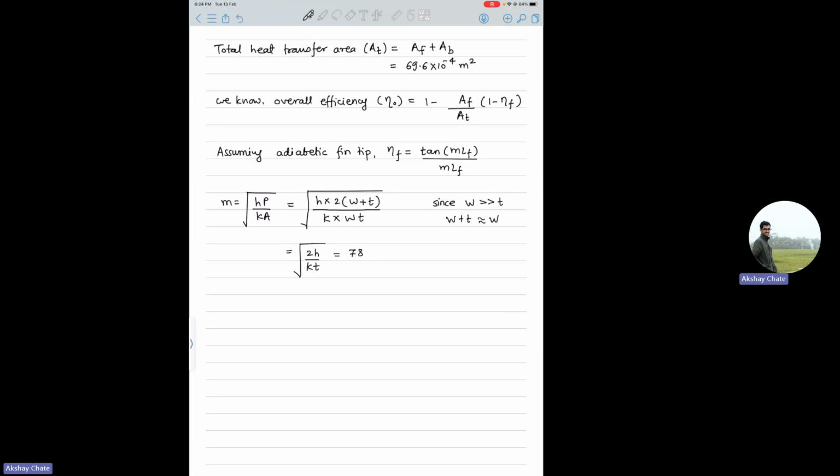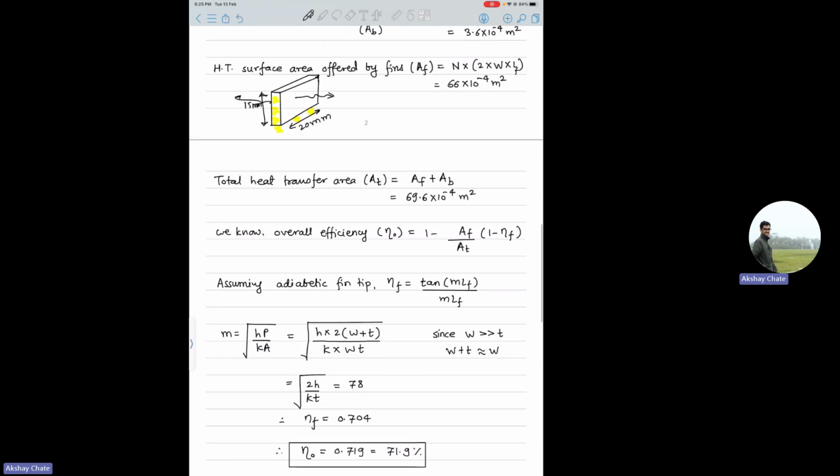And then you calculate the fin efficiency using the formula given above, tan hml by ml, and you'll get 0.704 as the fin efficiency. Now we put back into the overall efficiency formula, and you should get 0.719 or 71.9%, whichever unit you want to use. So this is your answer.